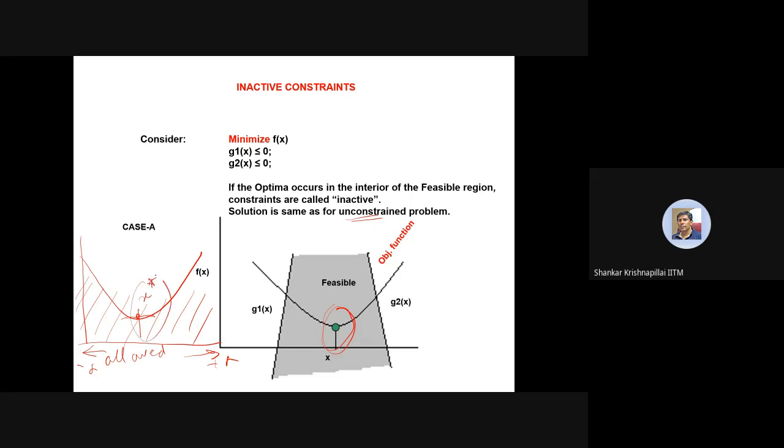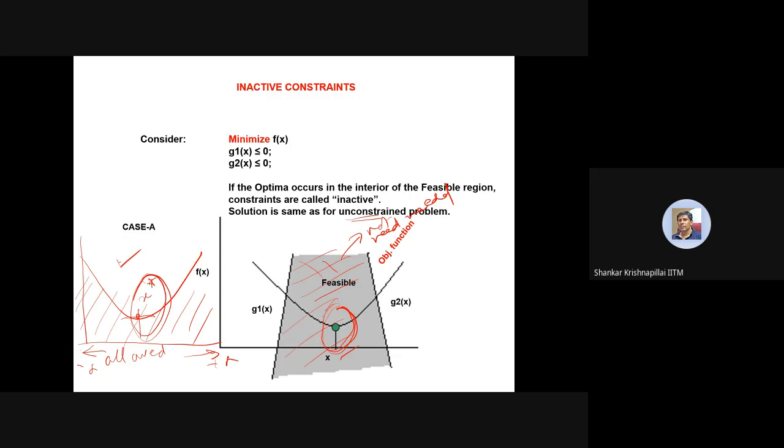You can see that you get the same x star even if the feasible region is there. So this feasible region is not needed; it does not change the solution. You get the same solution for this unconstrained problem as for the constrained problem.